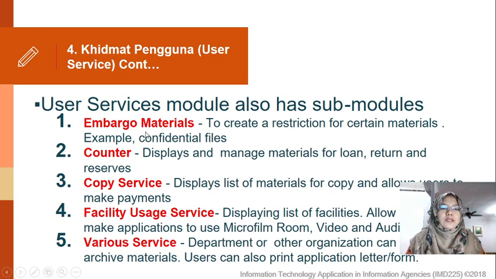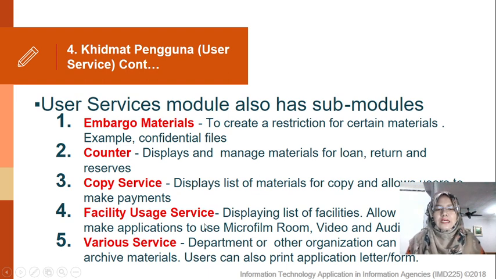Right, so the user service module also has sub modules within the user service itself. It includes embargo materials, which is to create a restriction for certain materials, for example confidential files. Counter for display and manage material for loan, return and reserve. For copy service, display a list of materials for copy and allow the user to make payment.